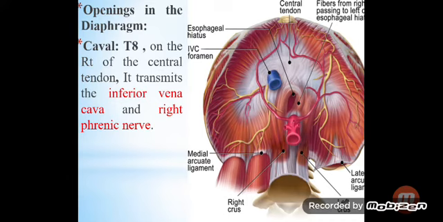Actually, in addition to these three main openings, there are other small openings, like the sympathetic splanchnic nerves, sympathetic trunk, and the superior epigastric vessels. Also, they run through small openings in the diaphragm. And this is enough for the diaphragm.